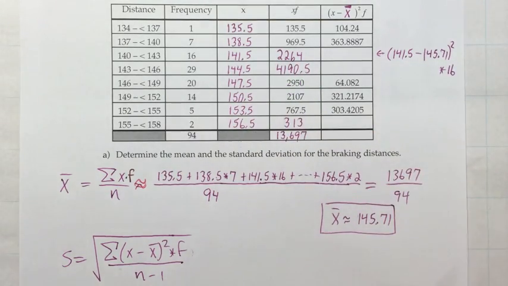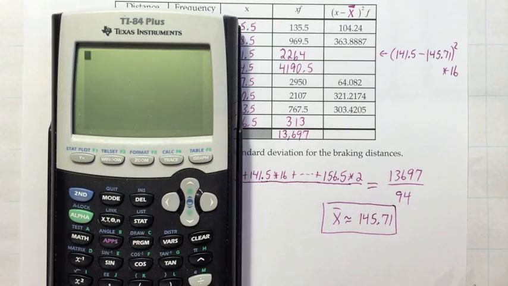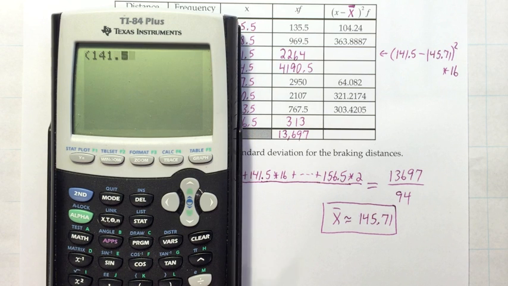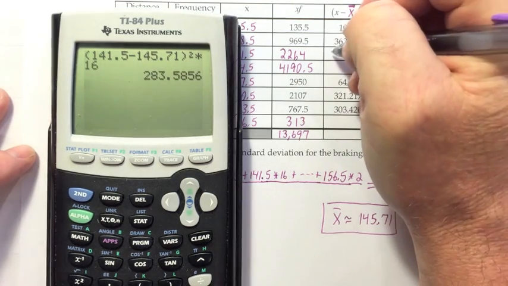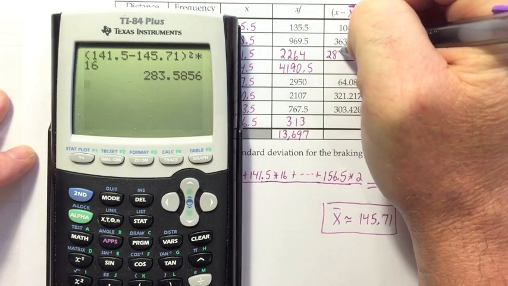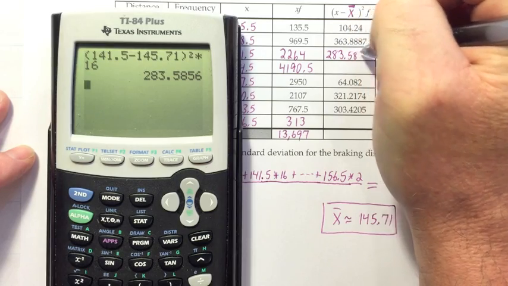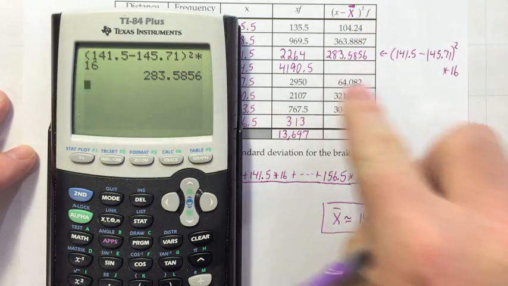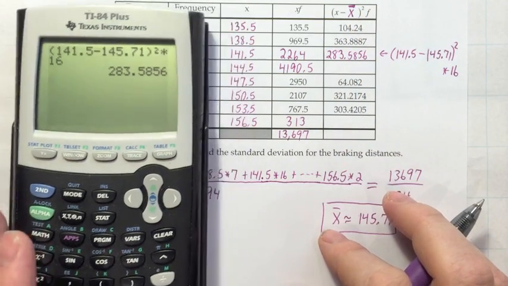So sorry that didn't all fit smoothly, but we'll put it all in smoothly in the calculator, hopefully. So parentheses 141.5 minus the mean of 145.71, and the parentheses and square that, and then multiply by your frequency of 16. So we get 283.5856, and then we want to move down and do the next row.